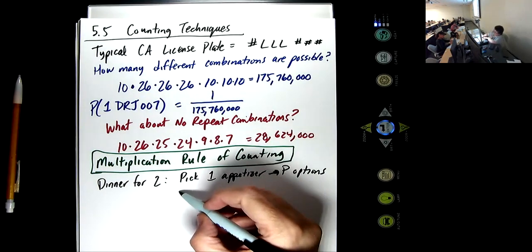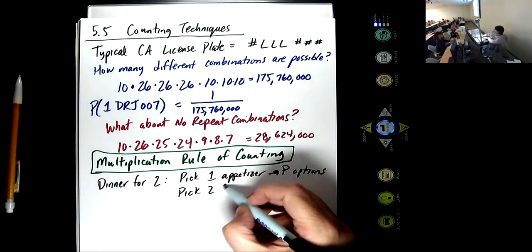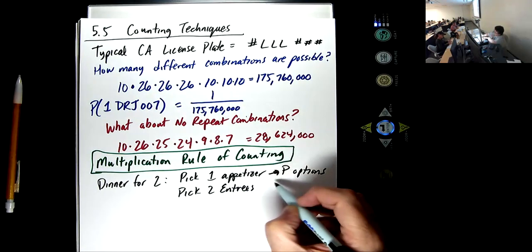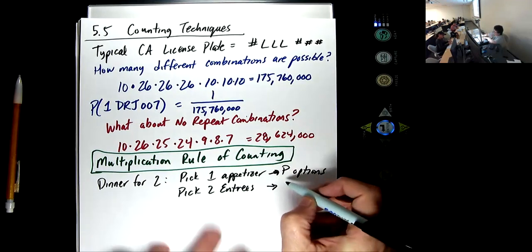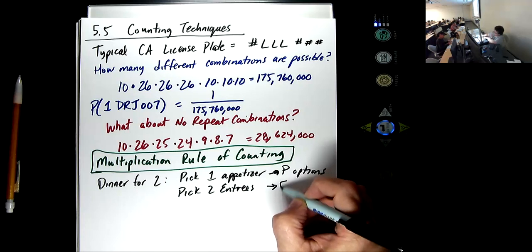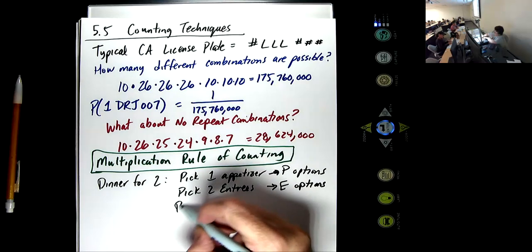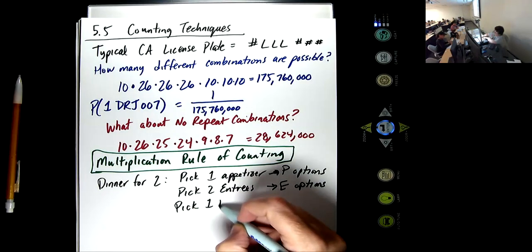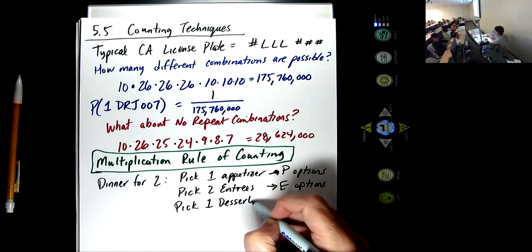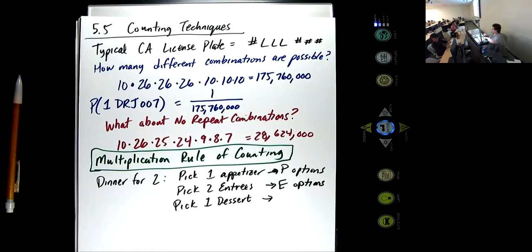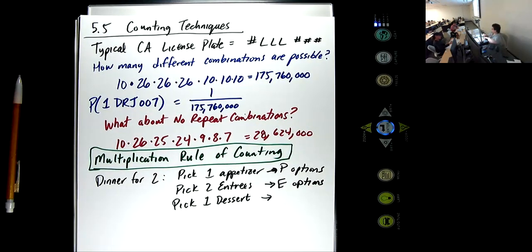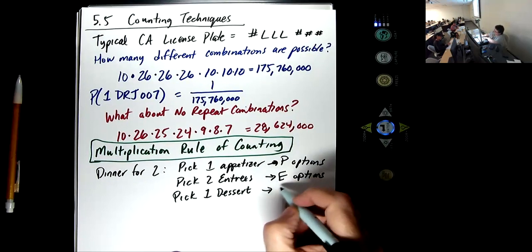And then you can pick 2 entrees out of, well, entree starts with E, we'll use E here. E options here. And you pick 1 dessert to share, because the people that came up with this dinner for 2 really don't know how dessert works. We'll use D for that.